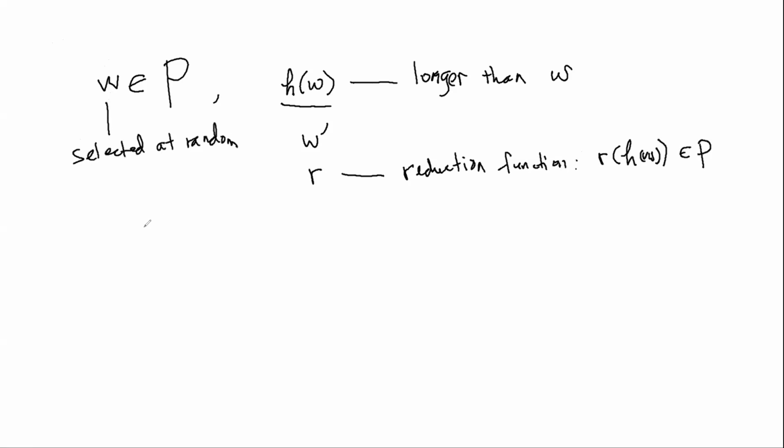Then I'm going to start from W and apply H. What I get is H of W. Then I'm going to apply R, and let's say I get W1, which I hope is in P. Then I do this a few times.